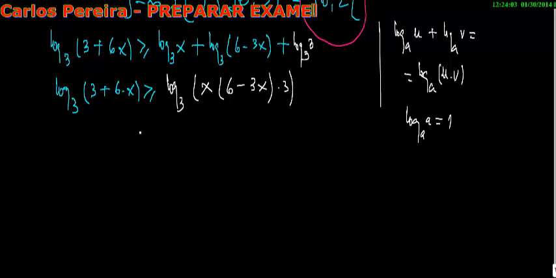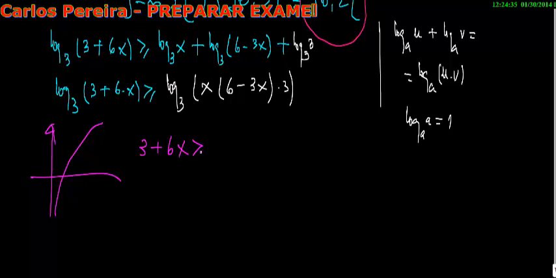Yeah. Thank you. So, as the base of the logarithm is greater than 1, this means that the logarithm is all time increasing, like this, you see? So when I have this inequality, I can cut. It is like I cut the logarithms, and I will have 3 plus 6 times x greater or equals, and now I'm going to make here the calculations.